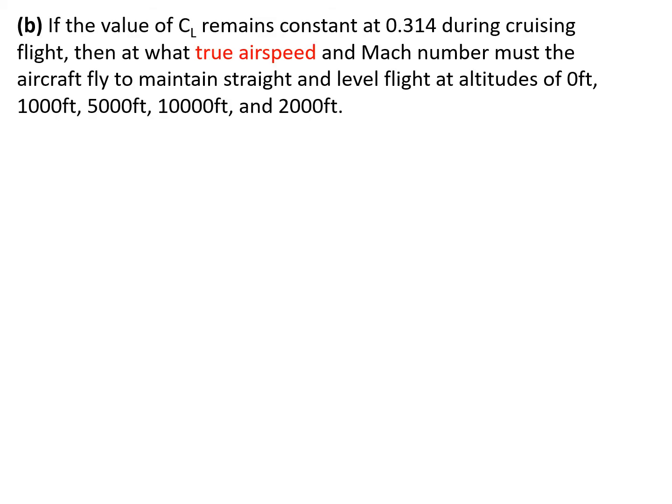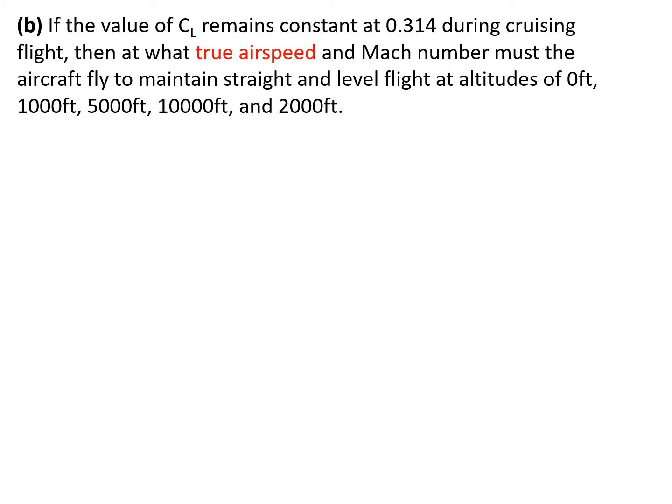Now let's look at the second part of the question B. If the value of CL remains constant at 0.314 during cruising flight, then at what true airspeed and Mach number must the aircraft fly to maintain straight and level flight at altitudes of 0 feet, 100 feet, 1,000 feet, 5,000 feet, 10,000 feet, and 20,000 feet?